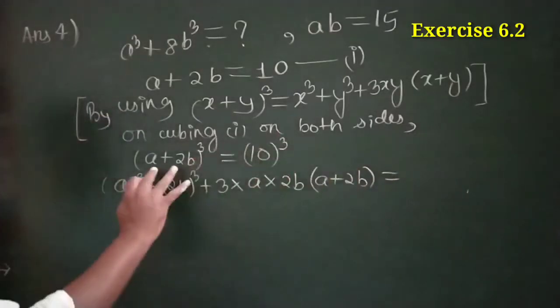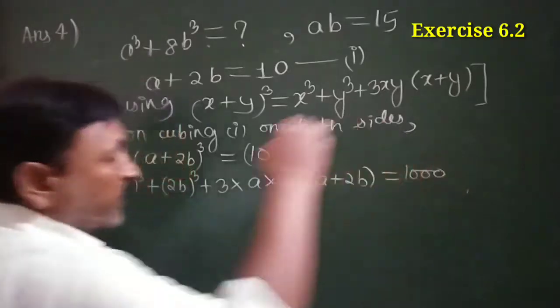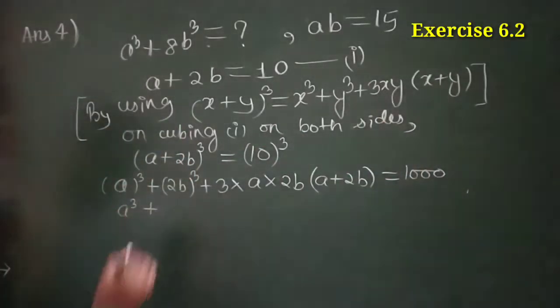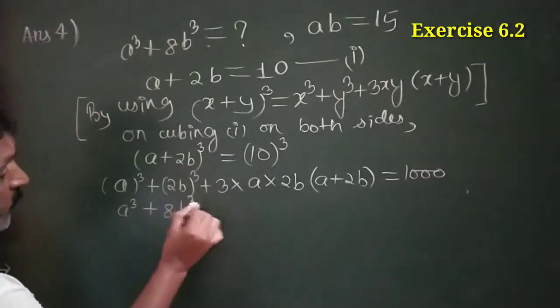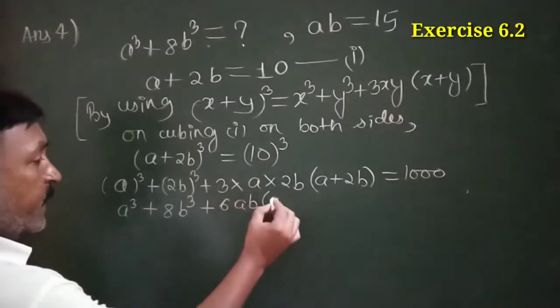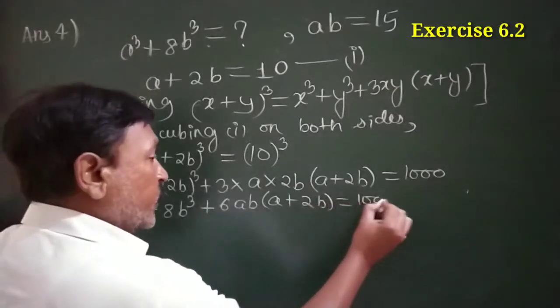This is the expansion of the left hand side. On the right hand side, 10 cube means 1000. Okay, so just see it here. a cube, open the bracket, 2 cube means 8, b means b cube, plus 3 into 2, 6ab in bracket a plus 2b is equal to 1000.